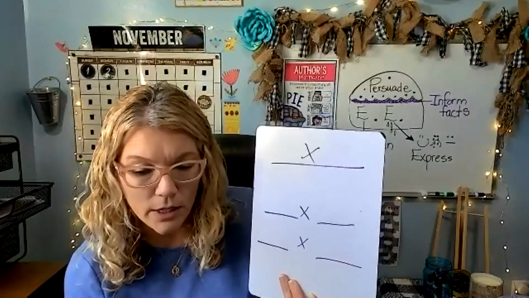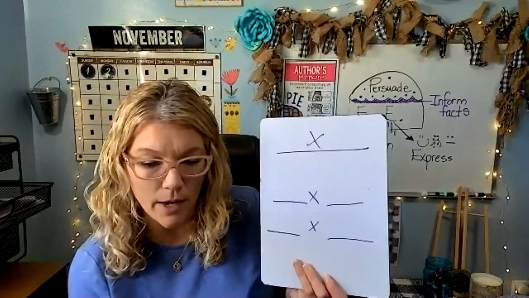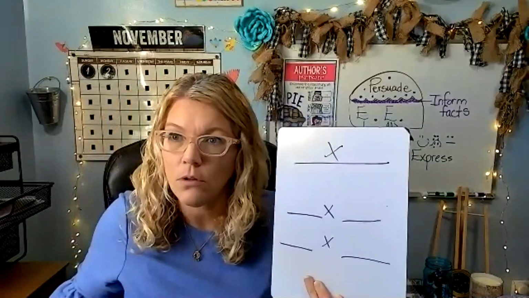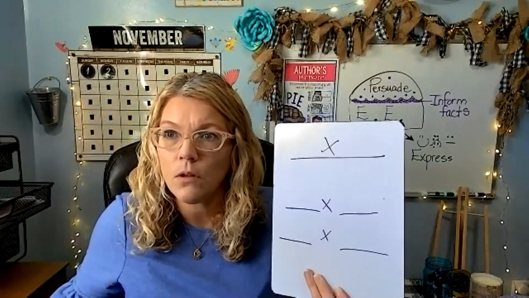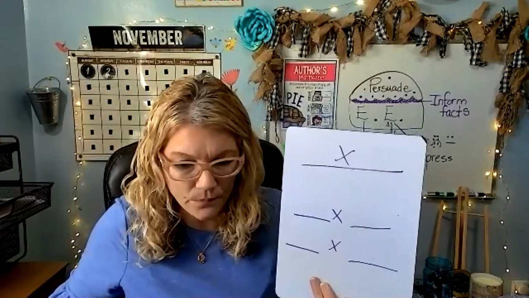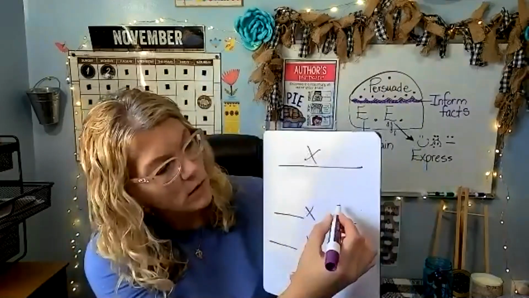Looking at that array, how many rows are there in that array on number 2? How many rows? Clara? She says 8. Oh, you're looking at columns. Okay.